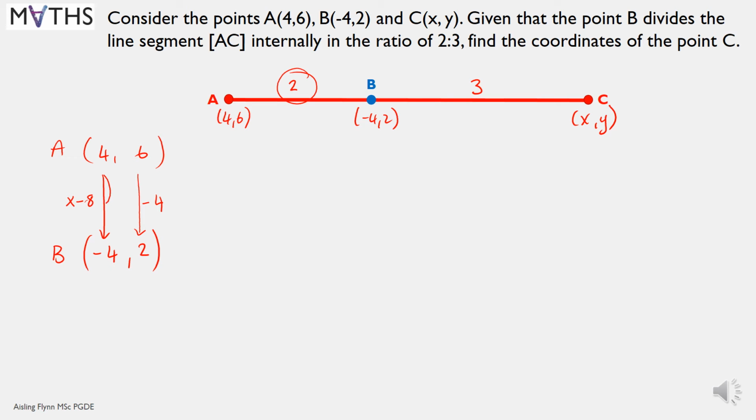It would be dropping by 8 in total, so we drop by -4 and by another -4. And this is where we extrapolate, or bring that forward, to figure out C. We have dropped 2 4s from going from A to B, so that's the 2, but to go from B to C you have to do 3 steps, so 3 jumps.